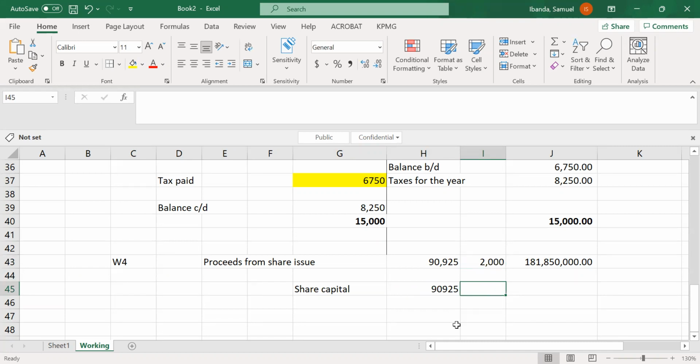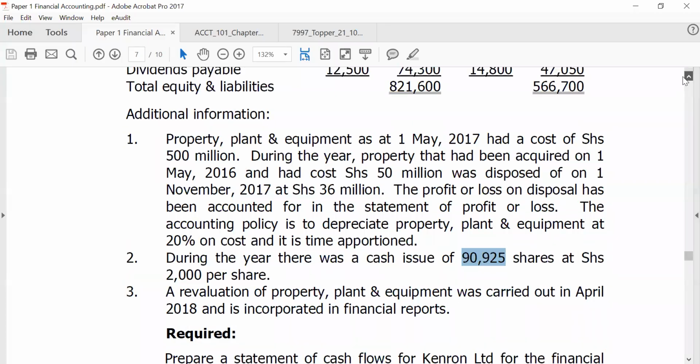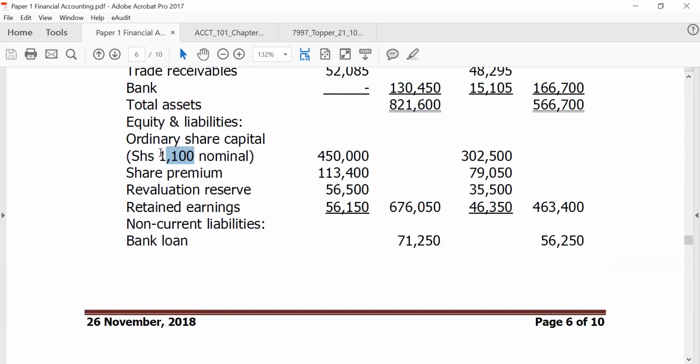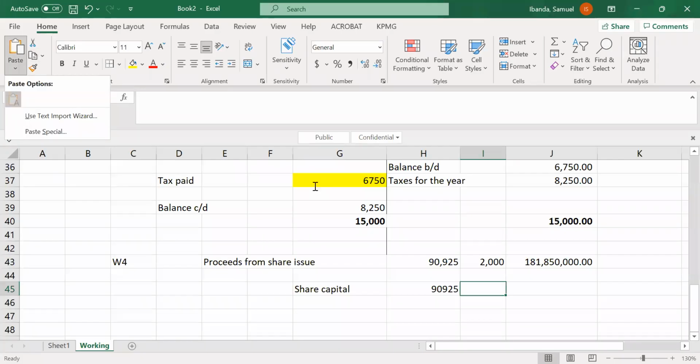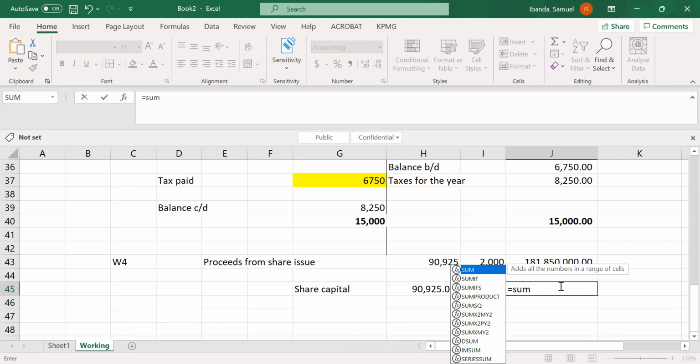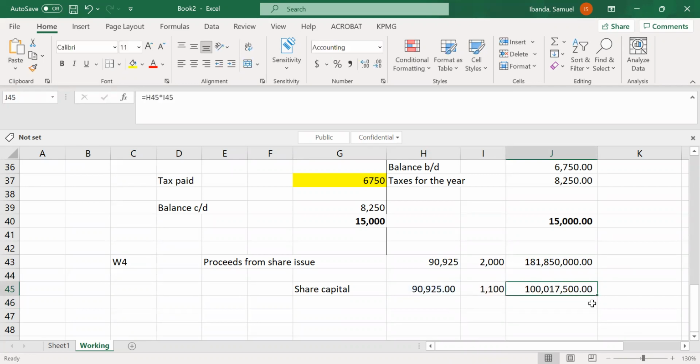I multiply by the nominal value, which is 1,100, giving 107,500.